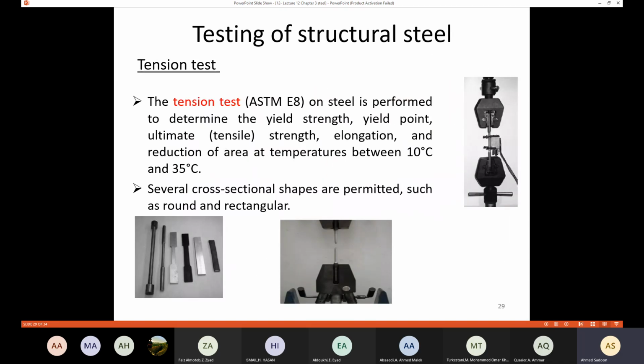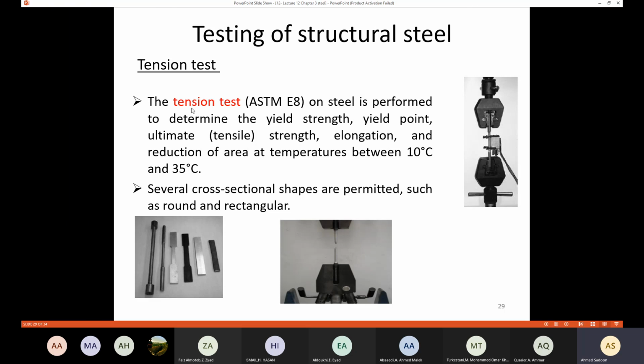Finally, we need to understand the tests that should be done on structural steel. Of course, the most important one is the tension test. We also had that in the lab. The tension test should be done according to ASTM E8.